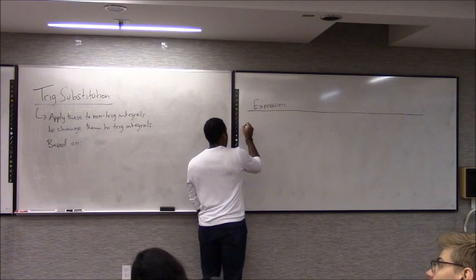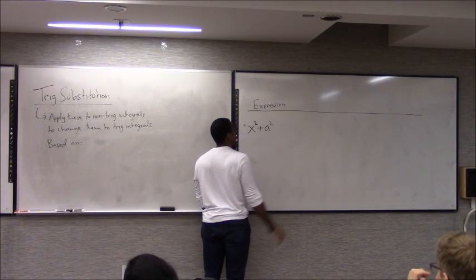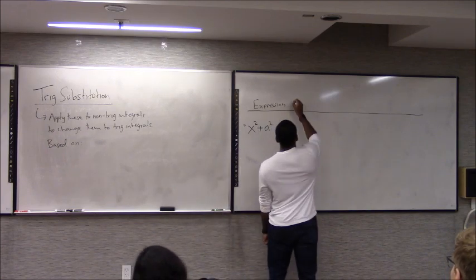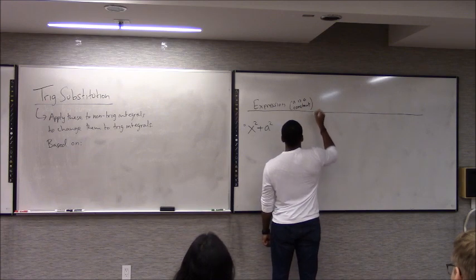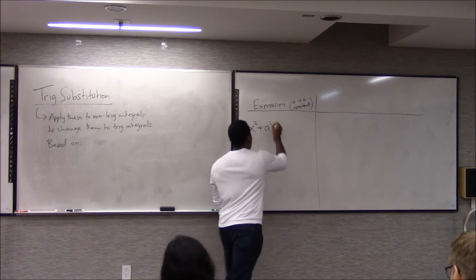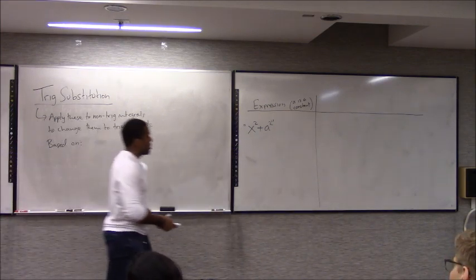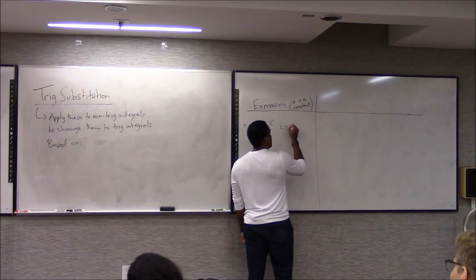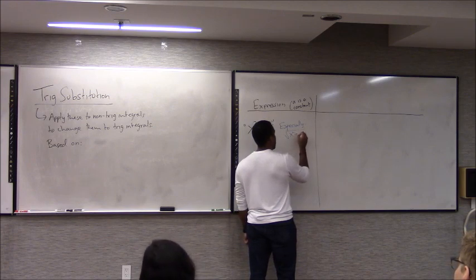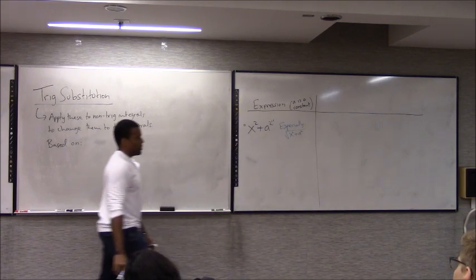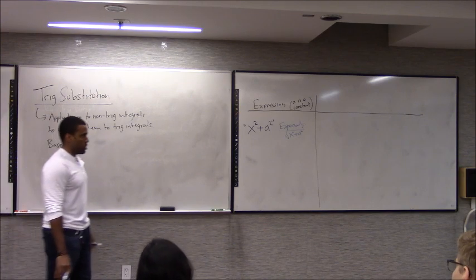You might see this guy showing up all the time, for example, x squared plus a squared. Here, a is a constant. And we take note of this guy, especially if there's a radical involved, especially if you're seeing something like the radical of x squared plus a squared. You might start thinking trig sub. There are situations where you won't think trig sub, but I'll cover those separately.